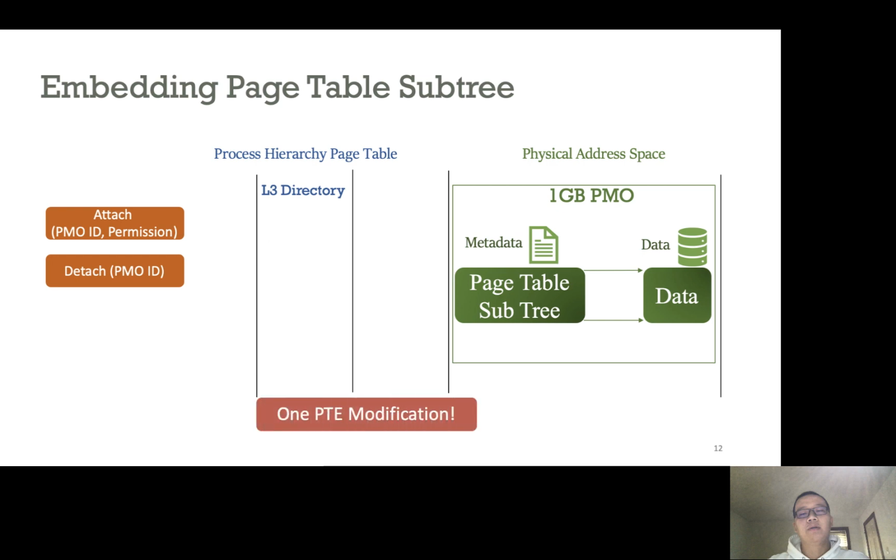However large the PMO is, the attach and detach system calls only need to modify 1 PTE to add or remove the PMO into or out of the process address space.